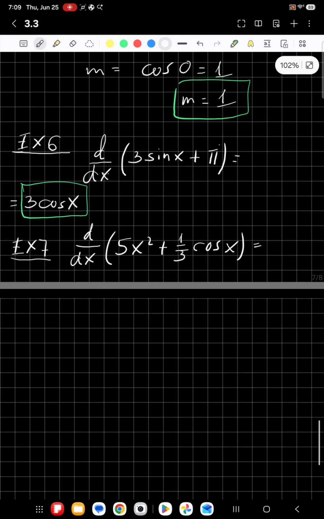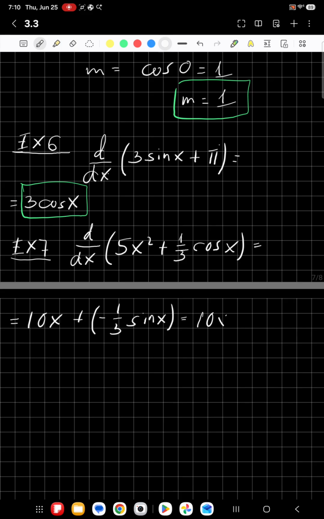So the derivative of 5x squared is just 10x. And the derivative of cosine is negative sine. So this is going to be negative 1/3 sine x. Okay, so the final answer will be 10x minus 1/3 sine x.